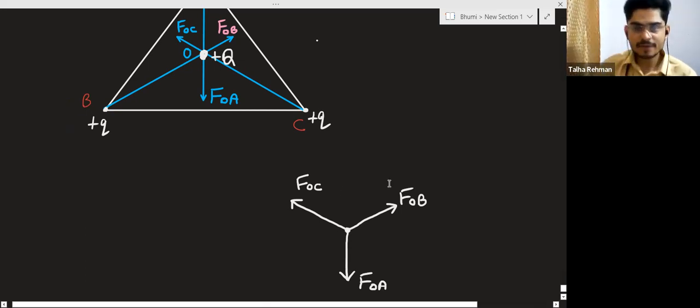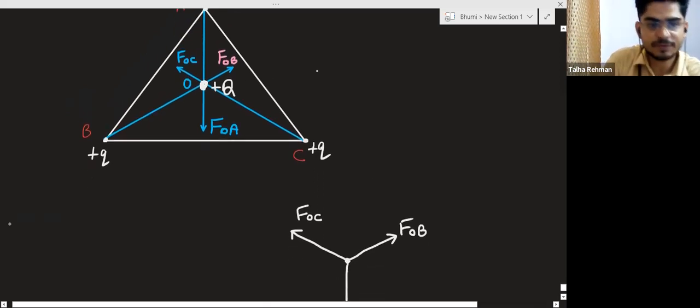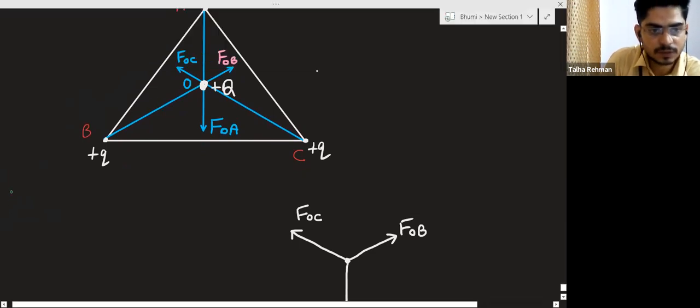So now first I am calculating the value of FOC. OC means this is O and this is C. So what is the force in between them? K Q1 Q2 by R square.